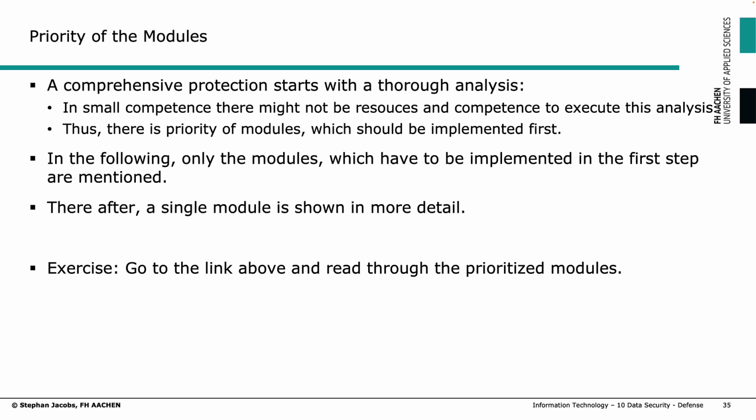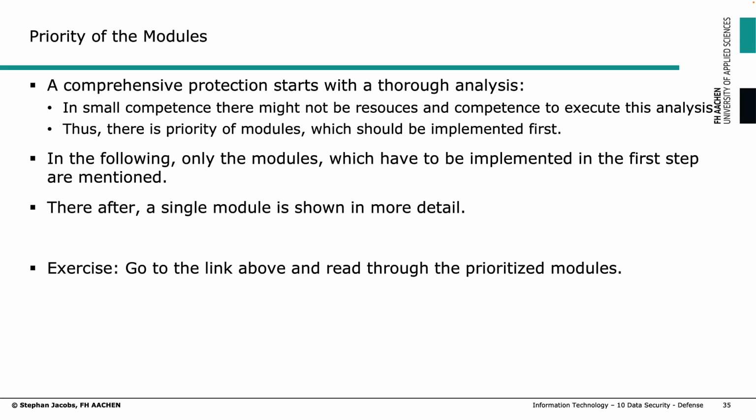However, for small companies, there might not be the right competence available to run this kind of analysis. Thus, there is a priority of modules which should be implemented first. On the following page, only those modules which have to be implemented in the first steps are listed. And the page after, one single module is shown to explain in more detail how these modules look like.